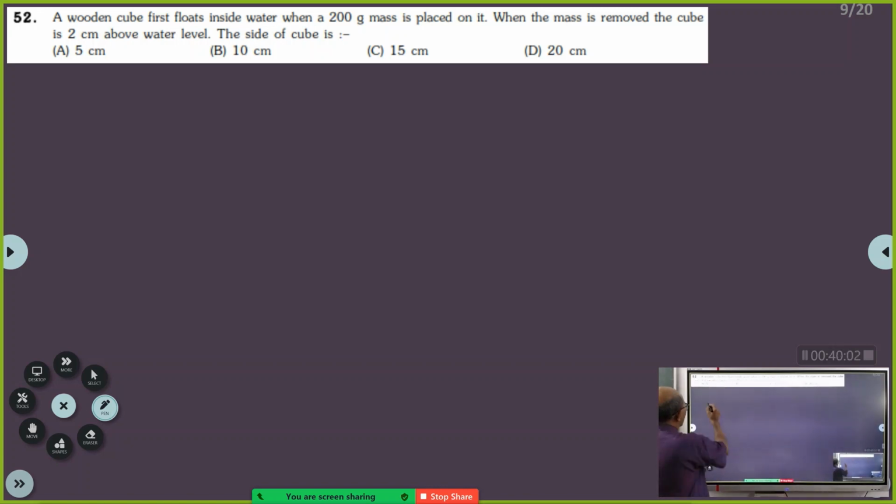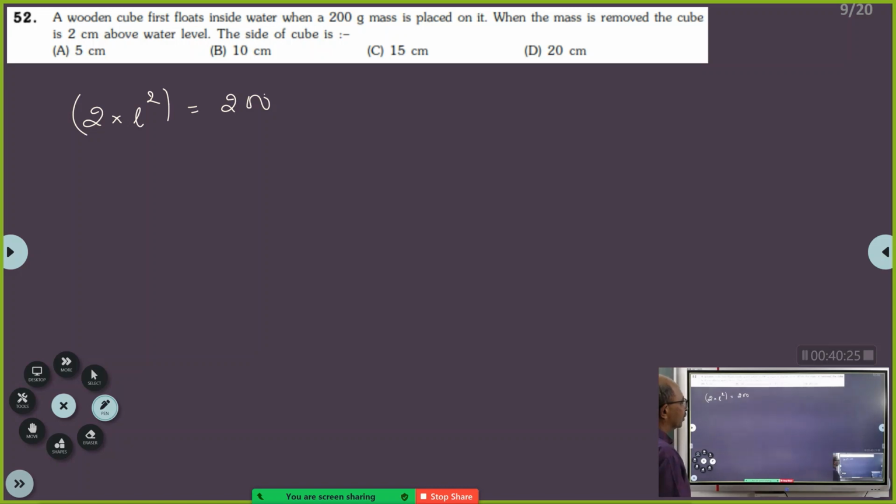Everything is in CGS system, so it is 2 centimeters by L square, because they have told it is a cube. So this gives the volume. Volume into density of water in CGS system, which is 1, must be equal to 200.